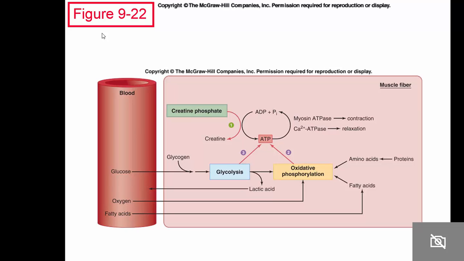Right? The third energy system is called the phosphocreatine system. This system is really designed, its maximum output time is about 10 seconds. So any activity that requires a massive amount of energy output for no more than 10 seconds.